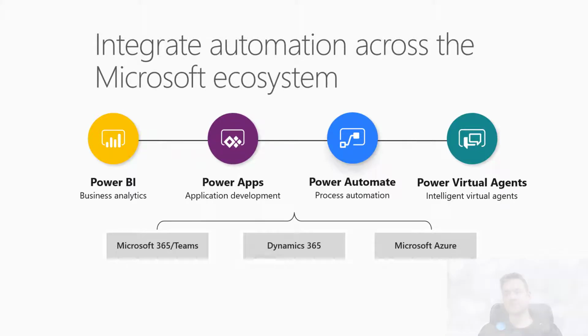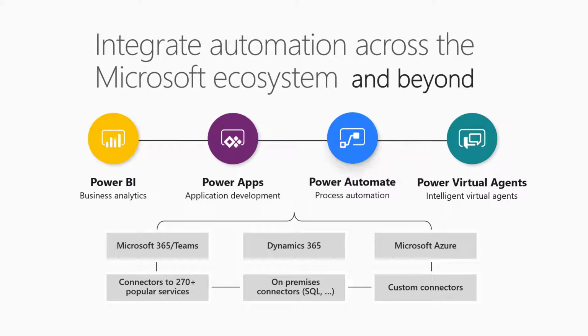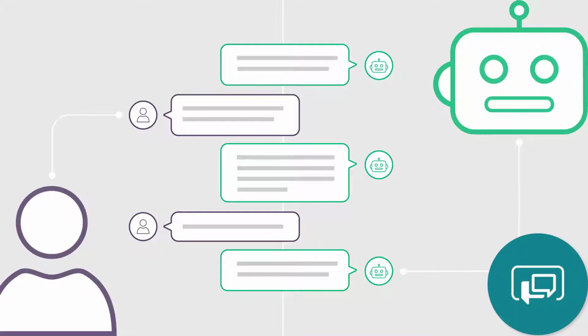It also allows you to connect beyond the Microsoft ecosystem, because thanks to connectors and the ability to create custom connectors and gateways, you can really cover a lot of scenarios. So this is actually what the chatbot is: the tool that allows you to cover the space for communication between a customer or employee and a bot.